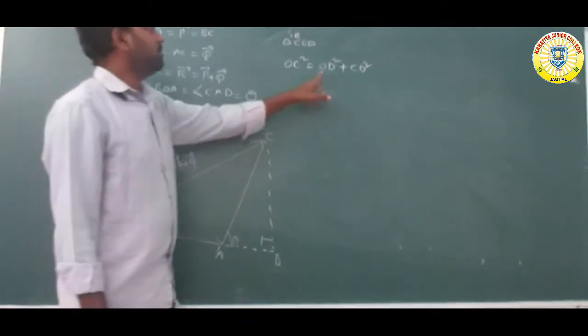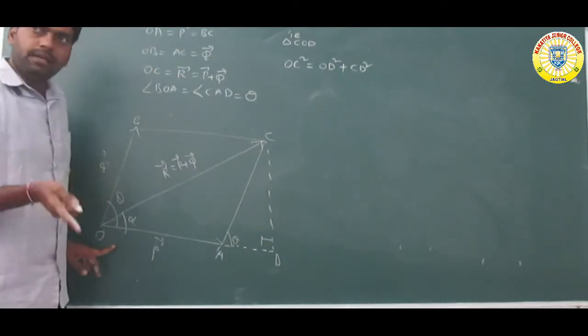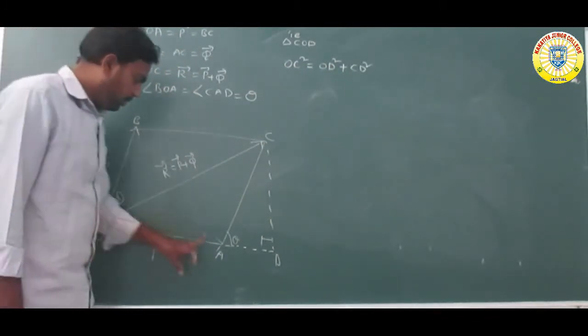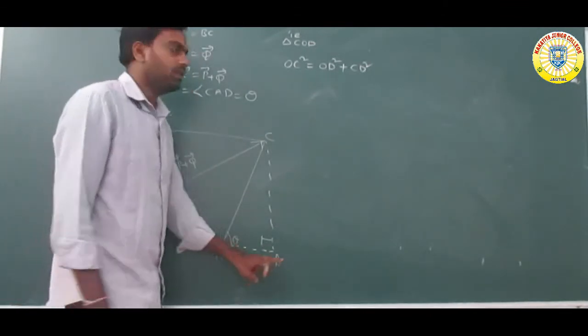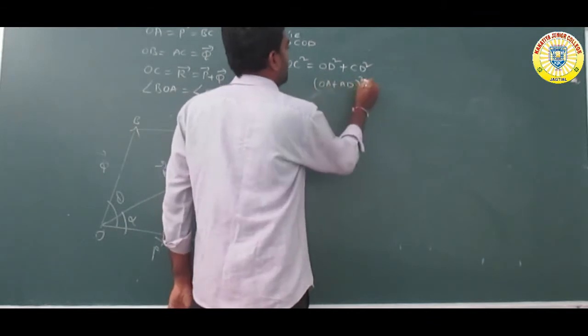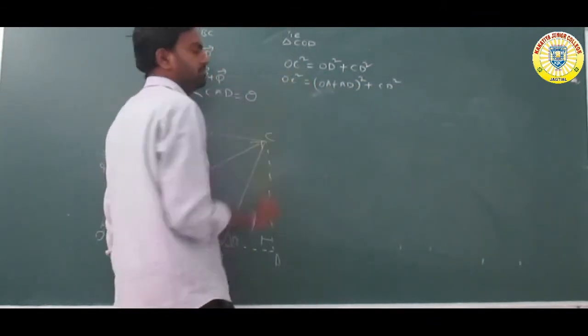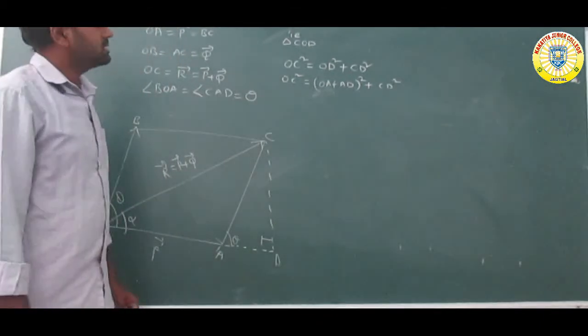Now, what is the OD square? OD square we can write individually as OA plus AD. So OA plus AD whole square plus CD square is equal to OC square.